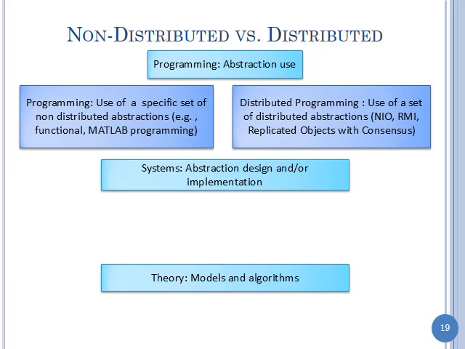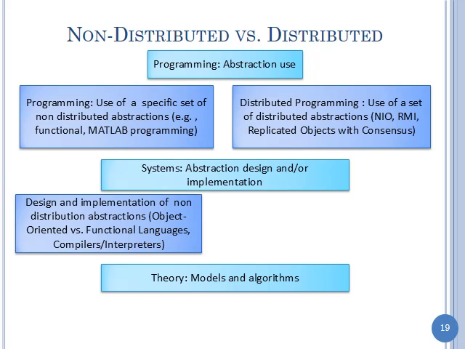Here, in abstraction use, you will learn how to use NIO, RMI, and also an abstraction that I've created for those distributed algorithms, which is replicated objects that you can converge to create a consensus. You'll see what this means later. I'm giving you a preview, so if you're not understanding quite what I'm saying, that's good because you have something to learn. I'm just giving you a little bit of an idea of what to expect.